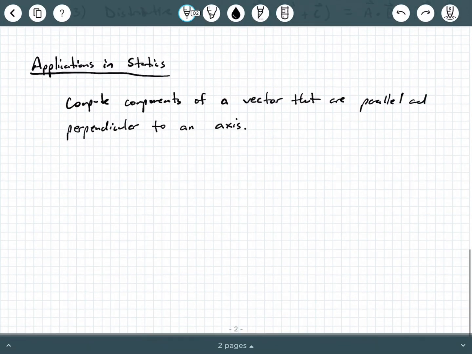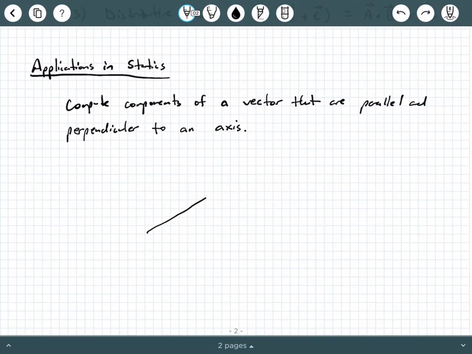So let's consider the following. Let's say that we have this axis right here, okay? And let's say we're going to call this, how about we call it the A axis, okay?